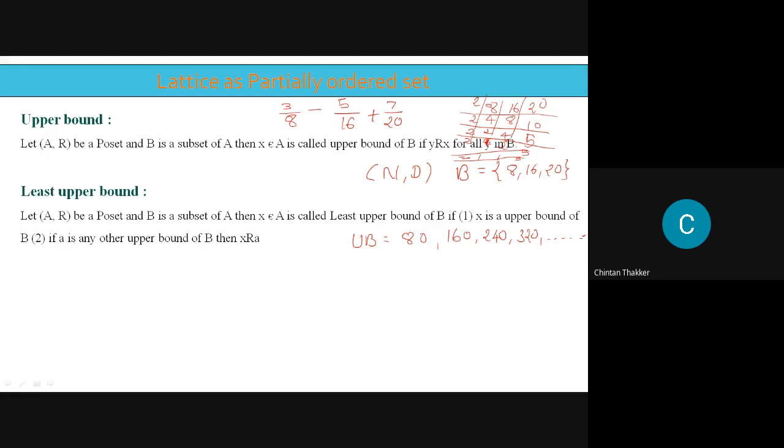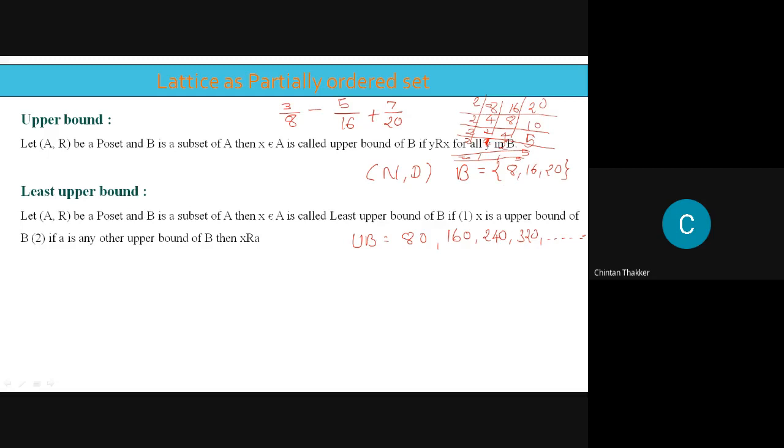In the greatest lower bound we have a related to x, but here we require the least number, so therefore we take x related to a.